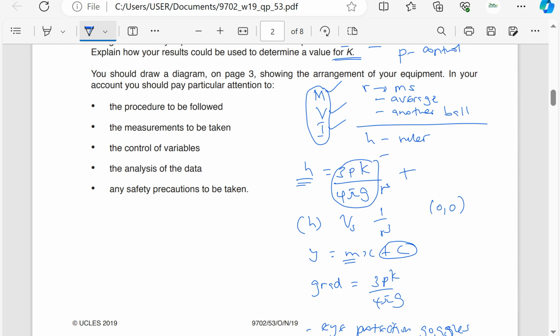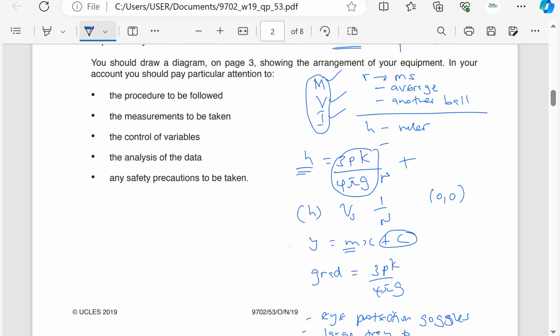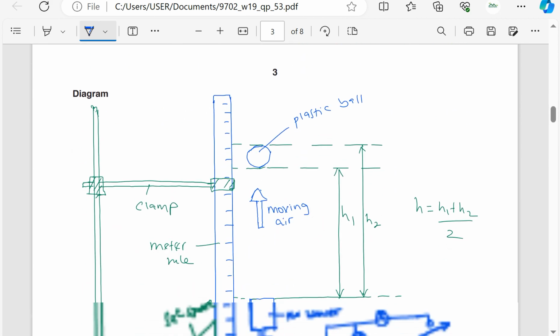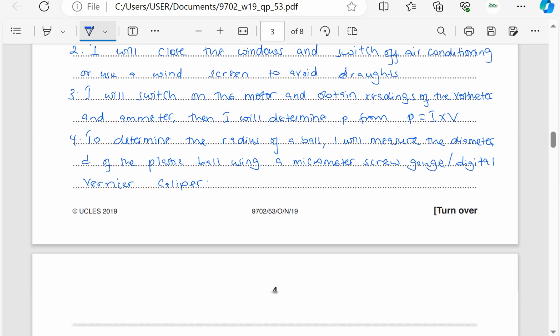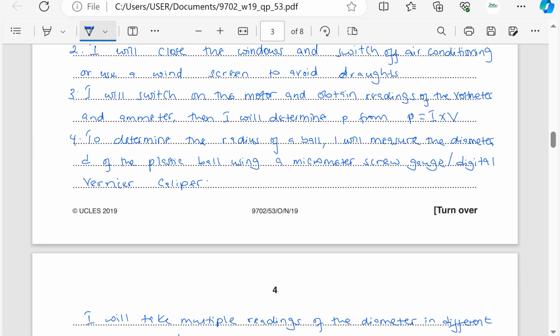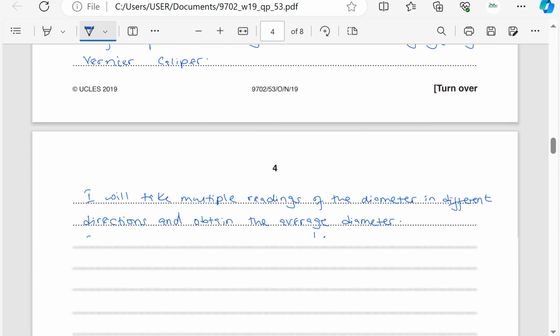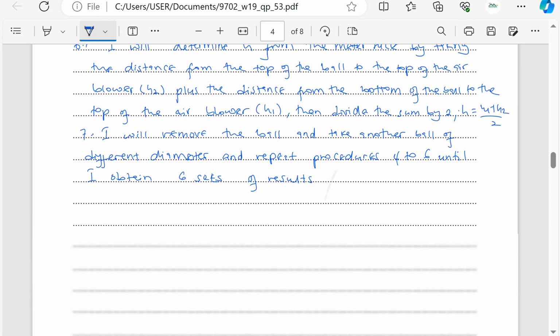Remember, the radius was the independent variable, so if I say 1 over r cubed, that makes sense. H was the dependent variable, and when I say plot h on the y-axis, it also makes sense. So I'm plotting h against 1 over r cubed. You could have plotted another graph. Maybe you would have plotted a logarithm. For instance, you would have plotted log h against log r, but I prefer to plot the simplest graph for this matter.